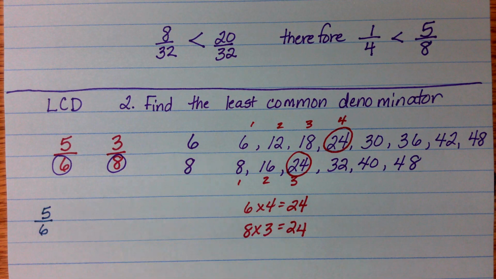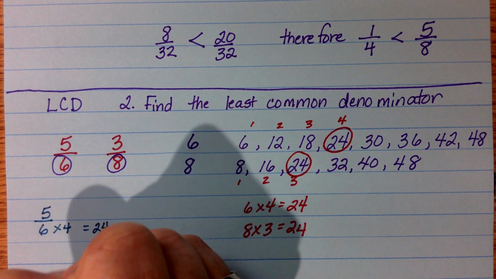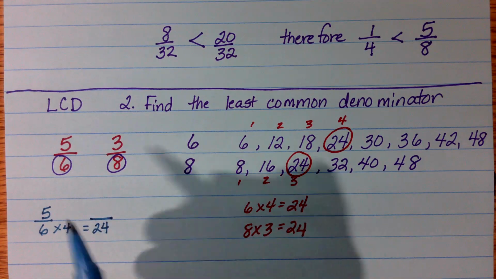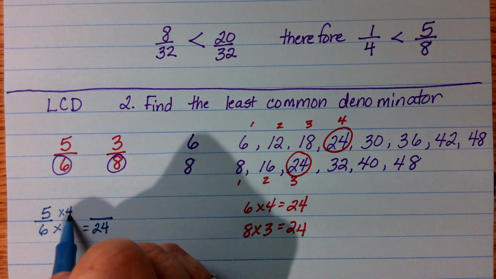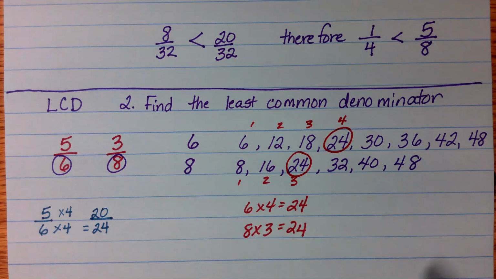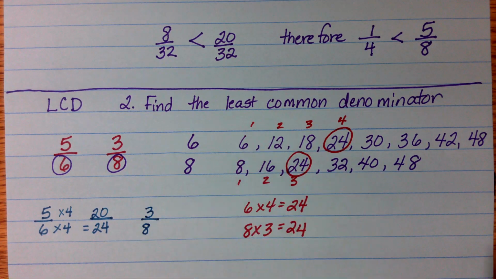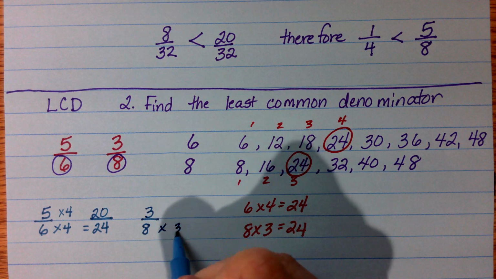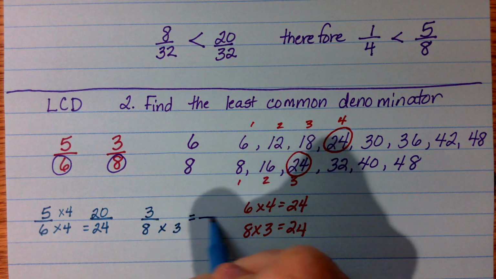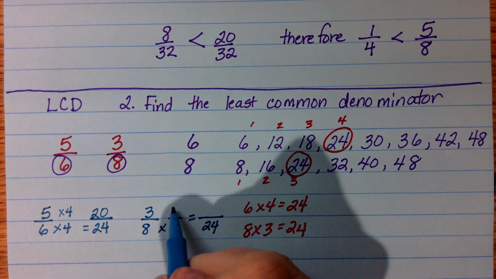So that's going to look like this. 5/6. 6 times 4 equals 24. We're going to multiply that 5 by 4. 5 times 4 is 20. With 3/8, I know that 8 times 3 equals 24. Whatever you do to the bottom, you have to do to the top.